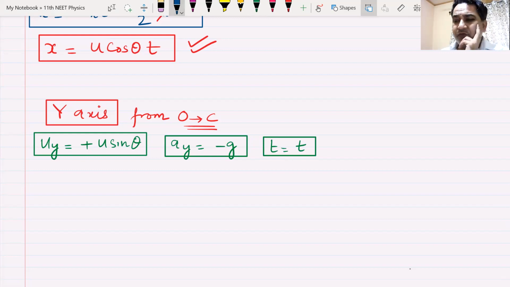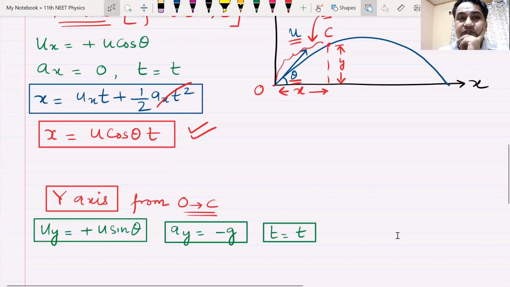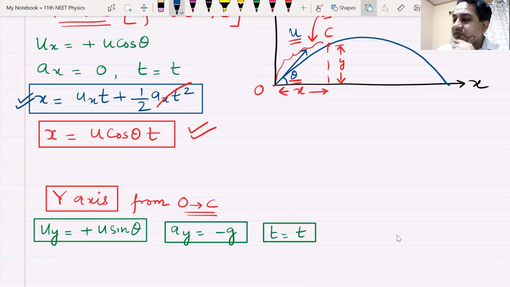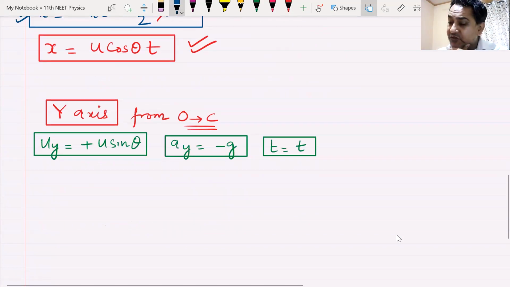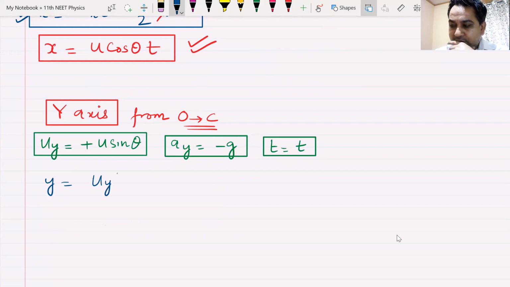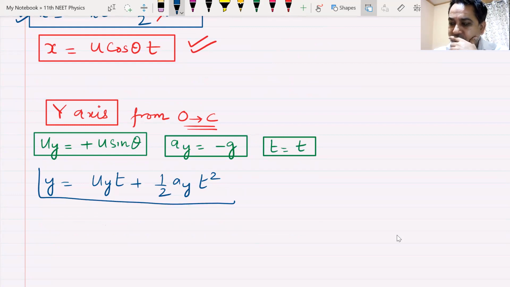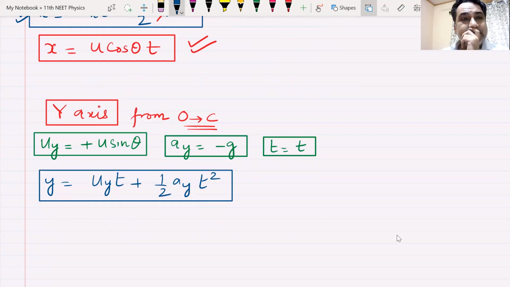Now, which equation am I going to apply? We can take a hint from the first case. In the first case along x-axis, I used equation number 2. So which equation am I going to use now? Again, the same equation: y is equal to uy into t plus half ay into t squared. What do I get?